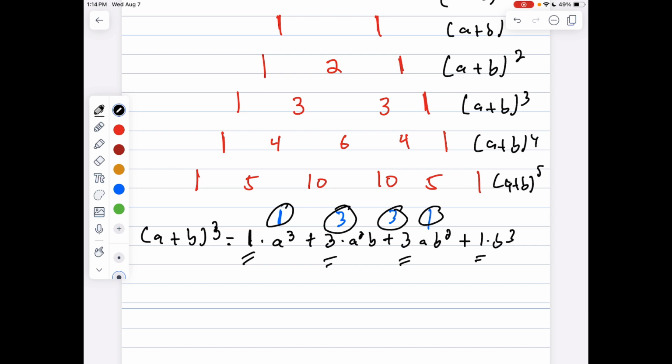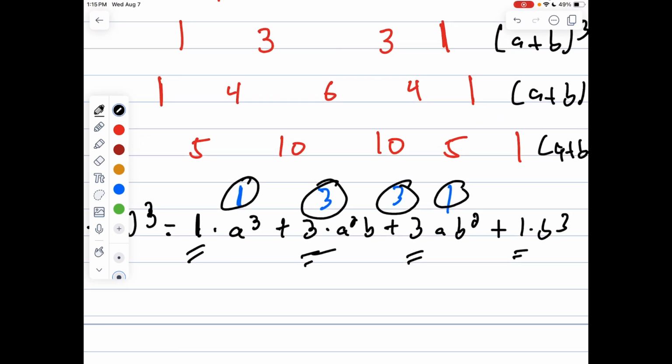Now, you're going to have something else besides the a and the b here. How do we calculate that? Your first expression with the 1 in front of it is always that number raised to that power, so it's a to the third. And then the next one is with 3. Notice how a went down by 1 power. It's 3a squared b.